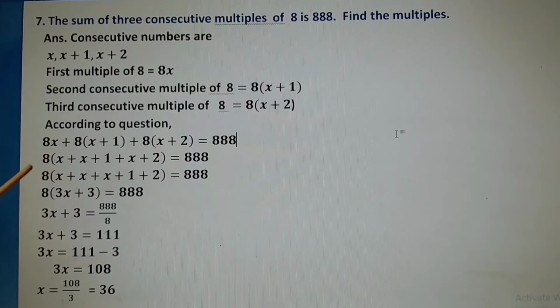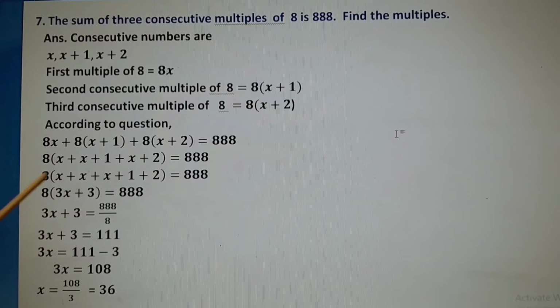That is 8 into x plus x plus 1 plus x plus 2 equals 888. Taking like terms together, that is x plus x plus x, 1 plus 2, equals 888. x plus x is 2x, 2x plus x is 3x, 1 plus 2 is 3.